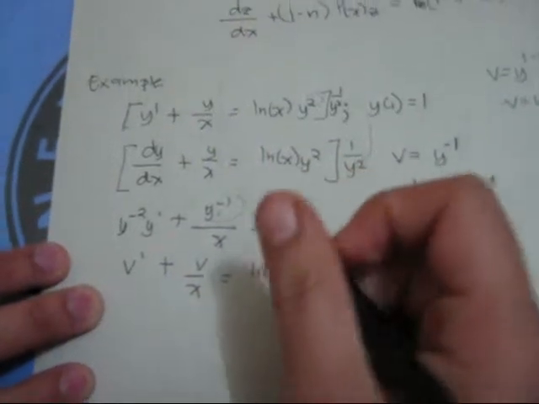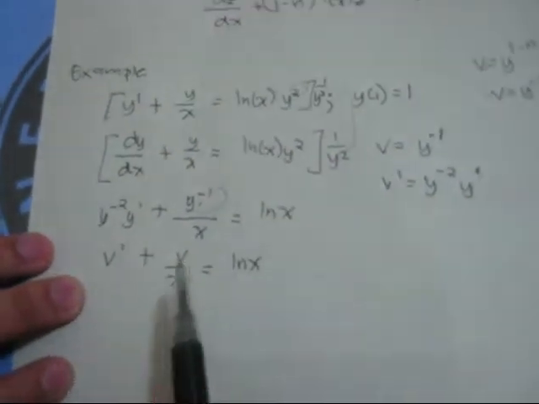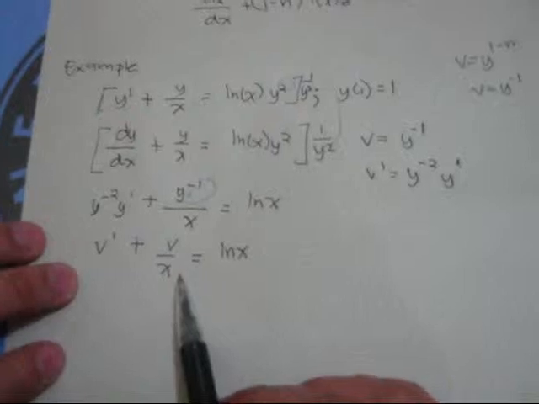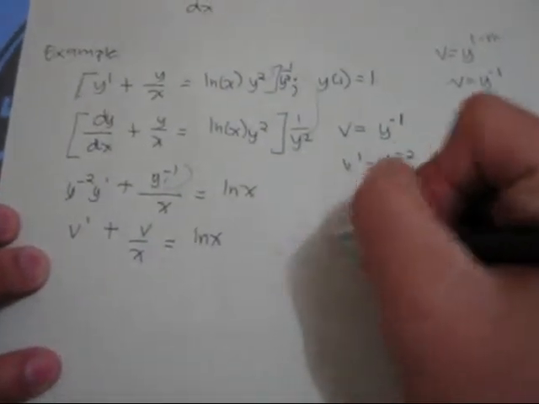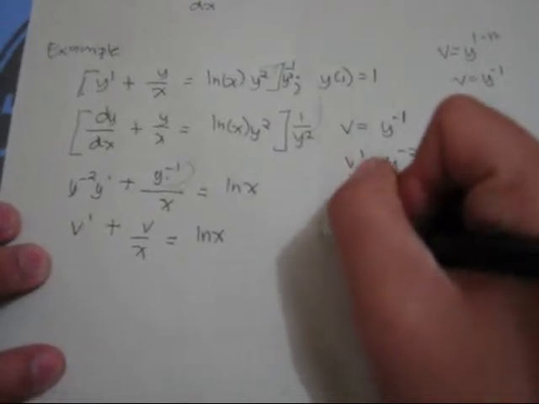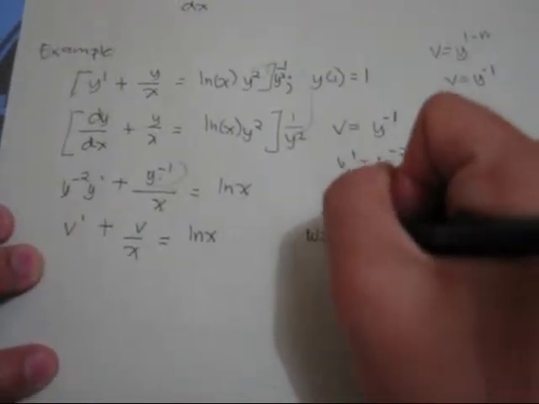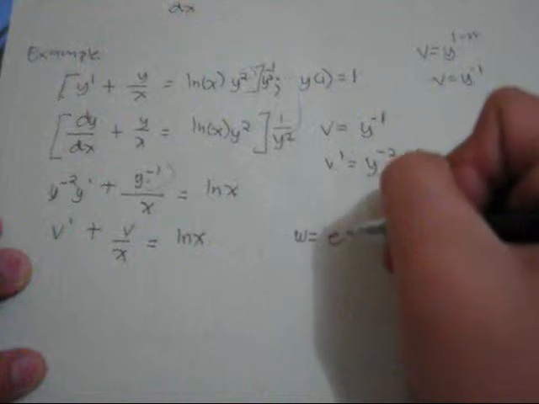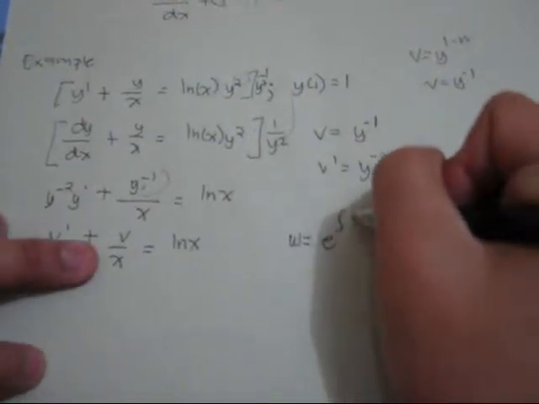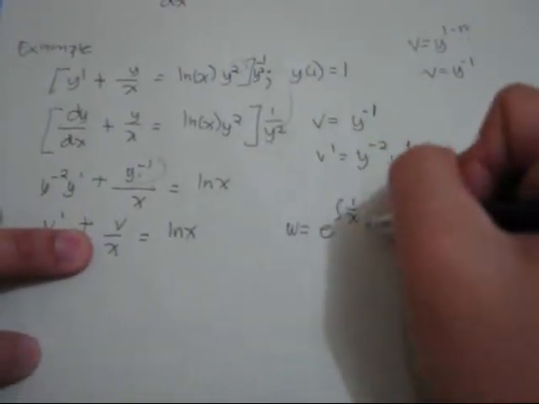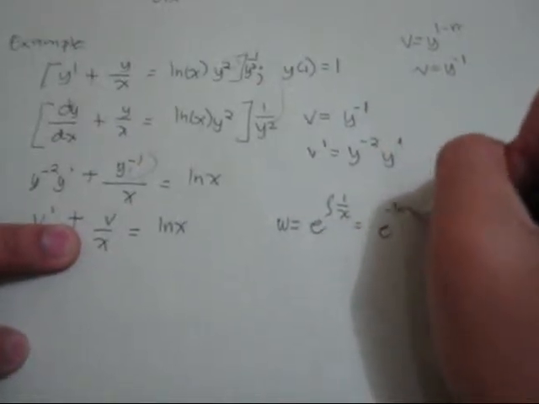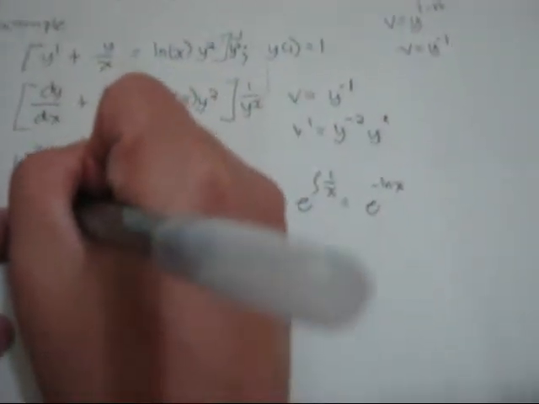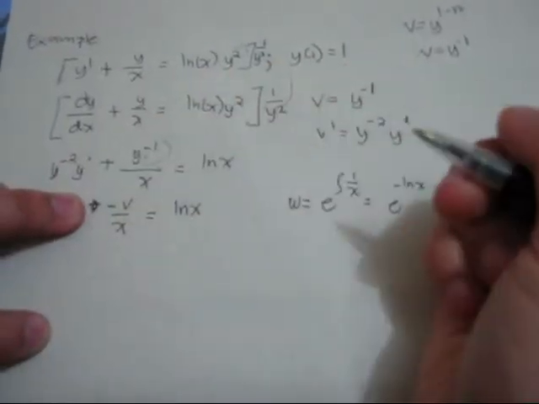Now it's easier for us to solve this one since it is in the form of a linear differential equation. So we'll get its integrating factor. Let w be its integrating factor, equal to e to the negative integral of 1 over x, which equals e to the negative ln of x. I'm sorry, it's negative.